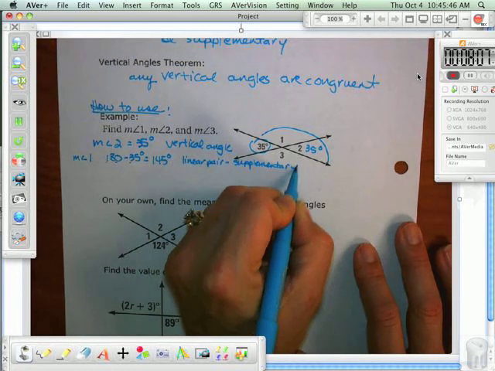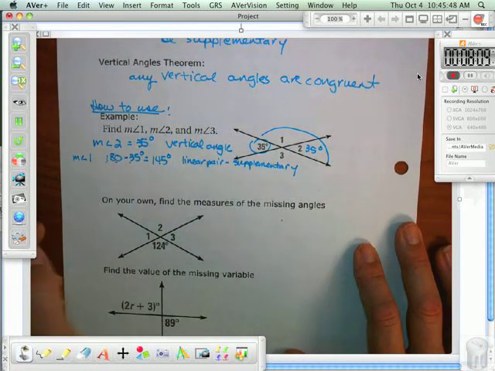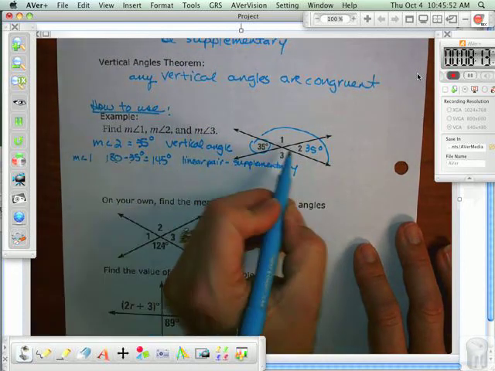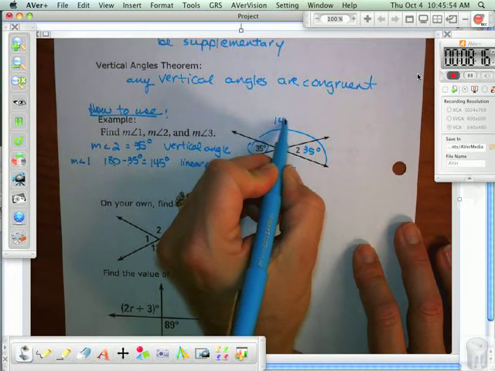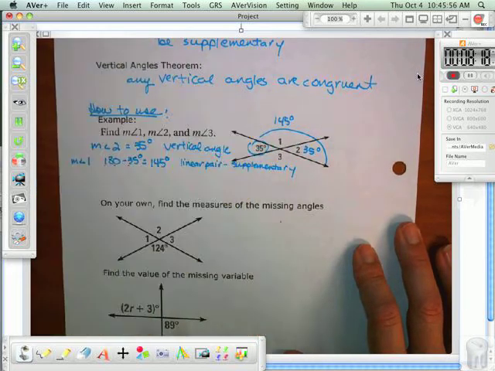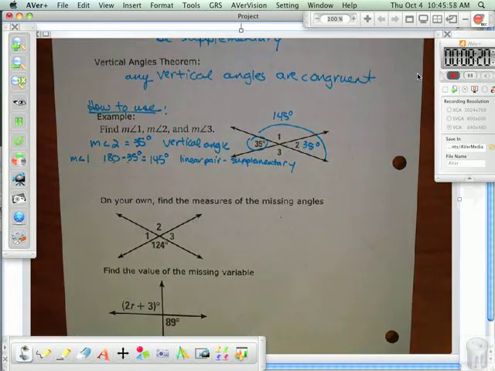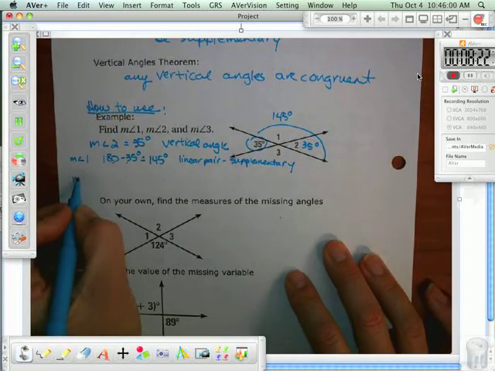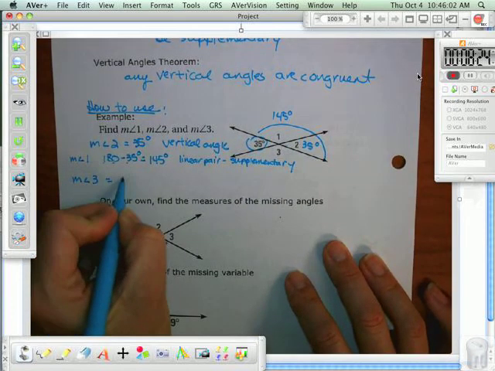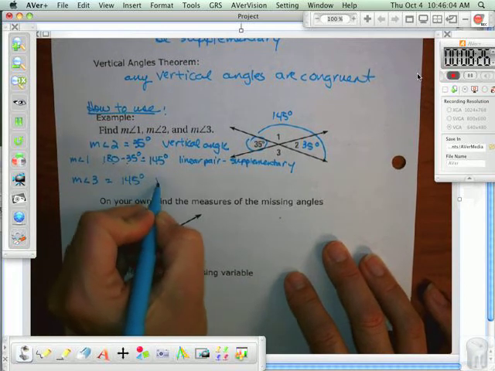Always, you're going to have to write reasons. We're going to get into writing proofs. So that means that this is 145. Looking at my picture, what can I say about 3? Measure of angle 3 is equal to 145 degrees because of vertical angles.